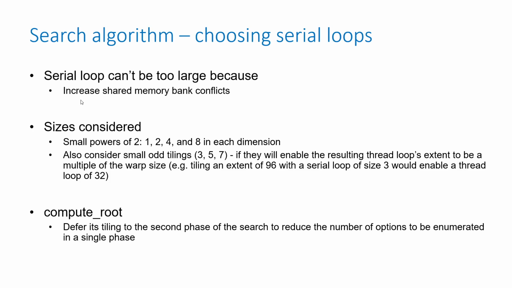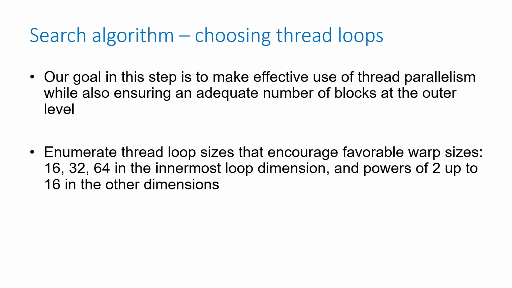The serial loops cannot be too large because otherwise they increase shared memory bank conflicts. That's why they use more powers of 2, like 1, 2, 4, and 8 for the serial loop. After choosing the serial loop size, then you go to the thread loops, and after that you go to the block loops.